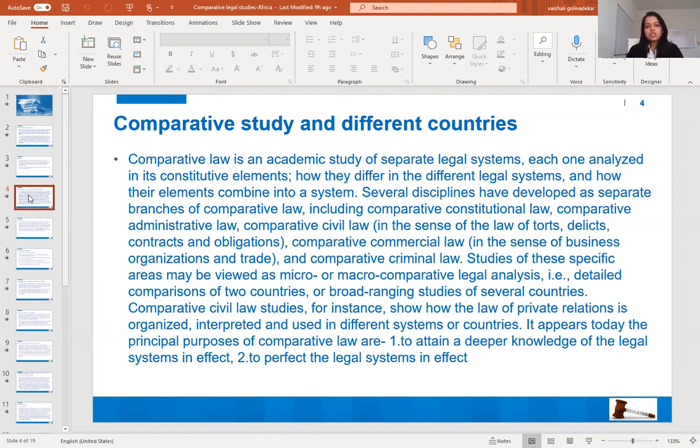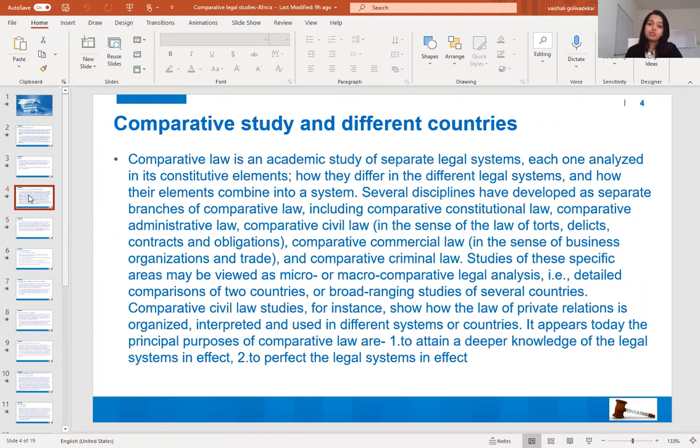Comparative civil law studies, for instance, how the law of private relations is organized, interpreted, and used in different systems or countries. It appears today the principal purpose of comparative law is, one, to attain a deeper knowledge of the legal system in effect, so to understand the legal system, and second, to perfect the legal system in effect.